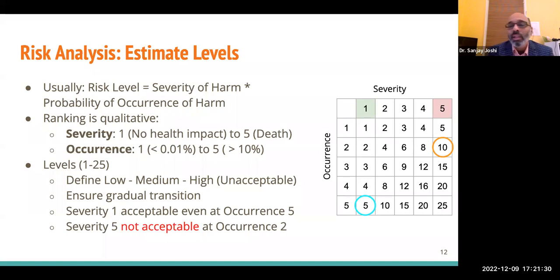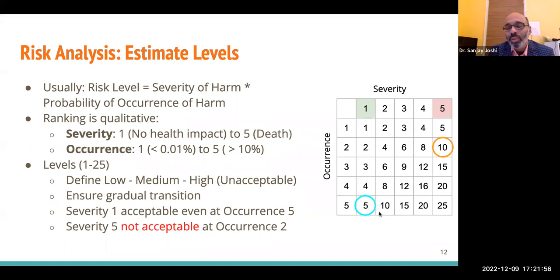Now, one thing I always do is ensure that the transition from low to medium to high is gradual. You don't suddenly jump from low to high. The way we define low, medium, high is with one example here: if some hazard or some harm has a severity of 1, there is no impact. You should be able to ship the product, even if the occurrence is 5.